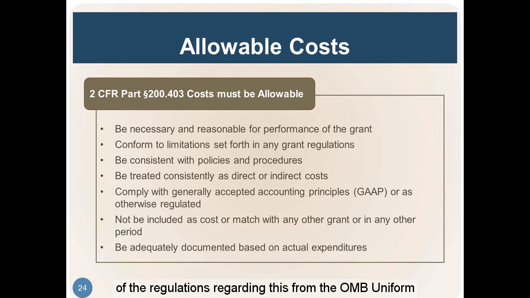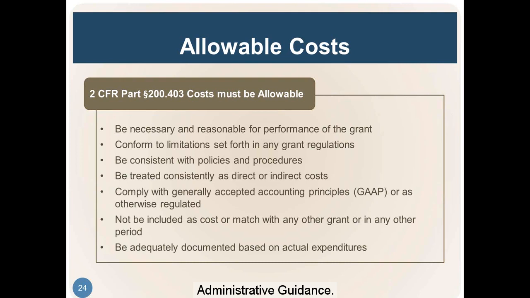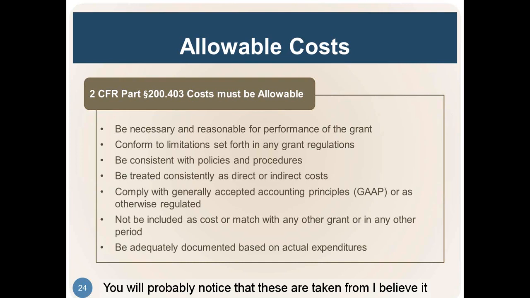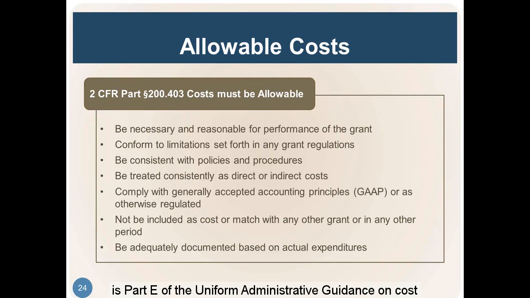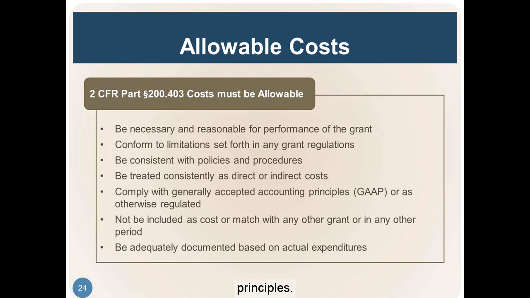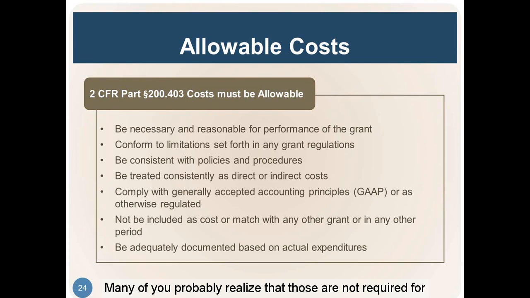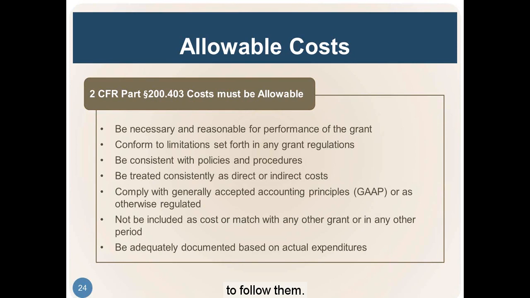I'm going to walk through briefly on the next few slides some of the regulations regarding this from the OMB Uniform Administrative Guidance. Now, you'll probably notice that these are taken from, I believe it's Part E of the Uniform Administrative Guidance on cost principles. So many of you probably realize that those are not required for you to follow for the LIHEAP block grant, but you are permitted to follow them.